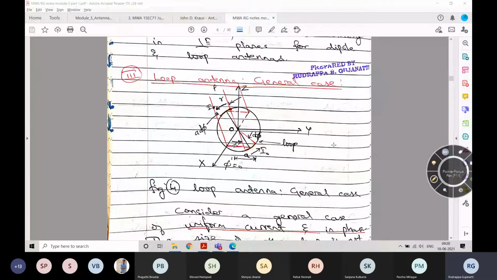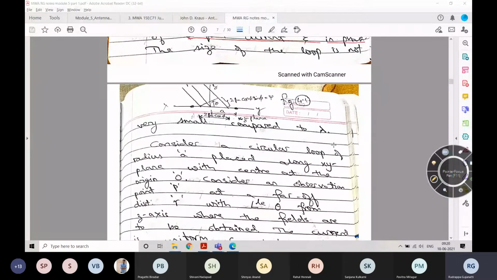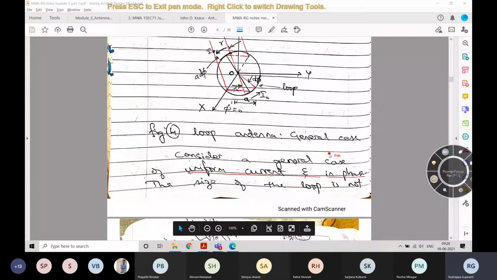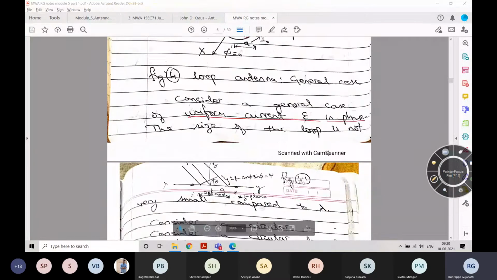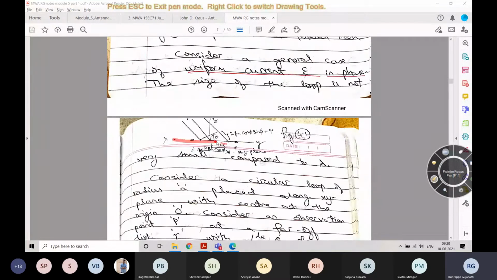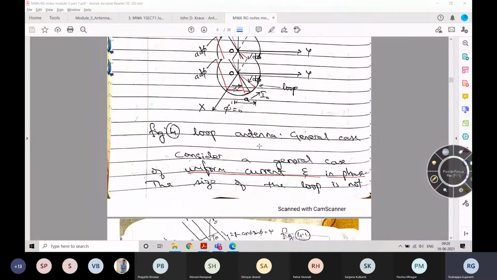When we place it in the dipole form, this is how it will be represented. These are the A d phi components, that is the small dipoles, and this is the radius of the circle or the loop we are considering.